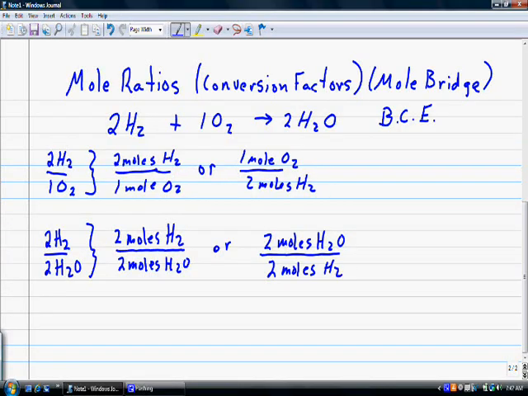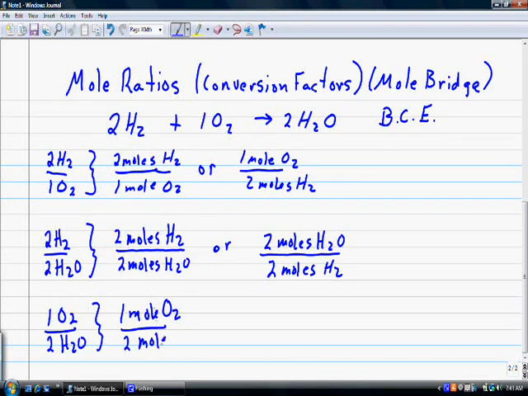And then again, we could take 1 molecule of oxygen in a ratio with 2 water molecules. But not just molecules, we can do moles. 1 mole of oxygen would produce 2 moles of water, or 2 moles of water would be produced from 1 mole of oxygen.